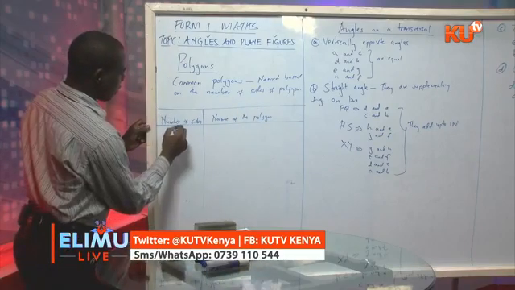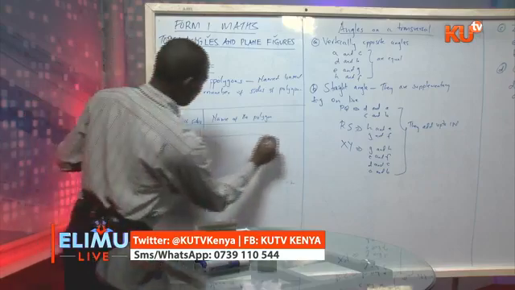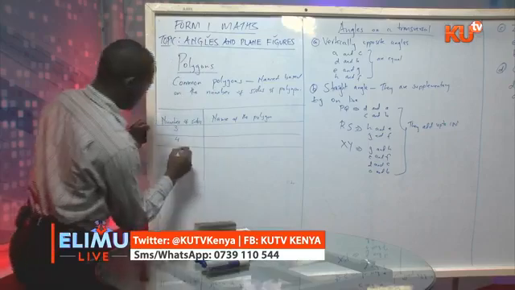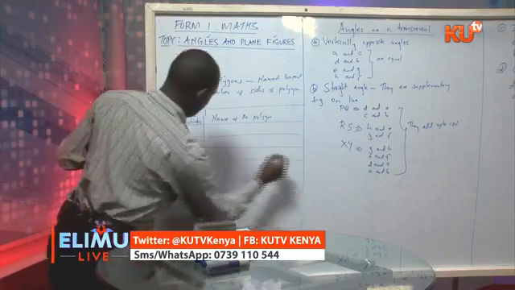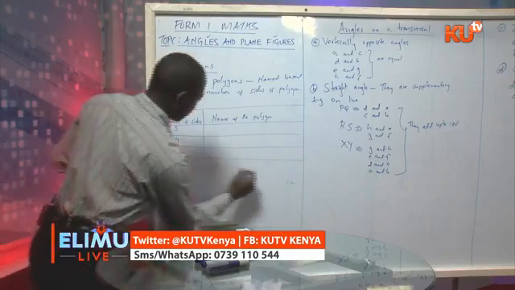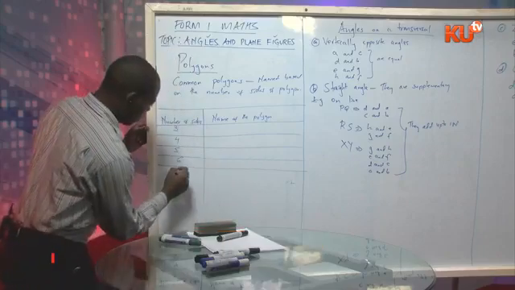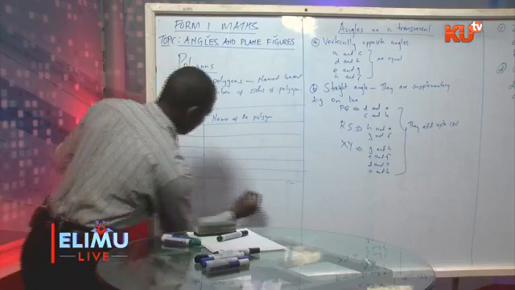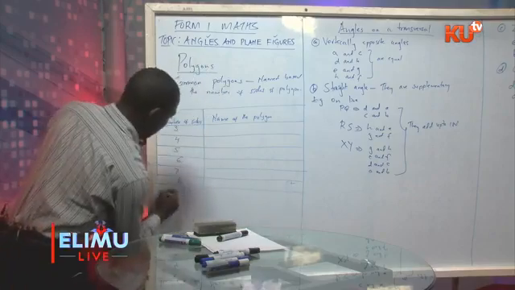And we start with the lowest number, which is 3. We go to 4. We go to 5. We go to 6. We go to 7. We go to 8. We go to 9.